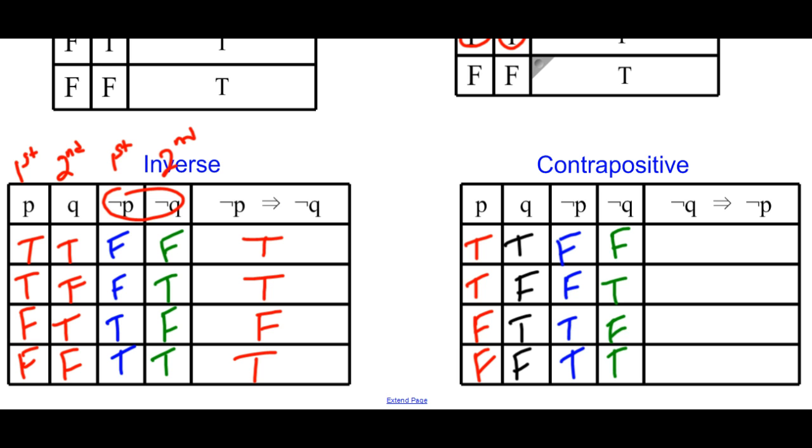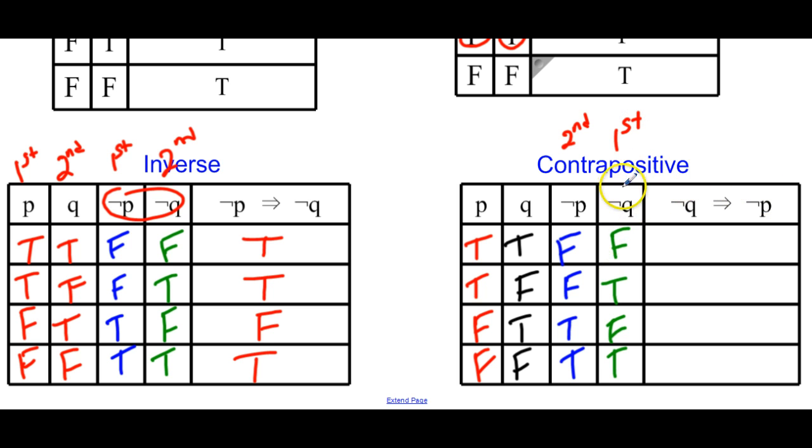And I know this sounds tedious right now, but for the most part, this you will not have to do. I think they give it to you, and then some of this stuff they will be filled out. You just have to fill in the rest, all right? Here we're looking at if not Q, then not P, right? So this is going to be your second term, and this is going to be your first, right? The contrapositive, we flipped it, then we negated it, right?